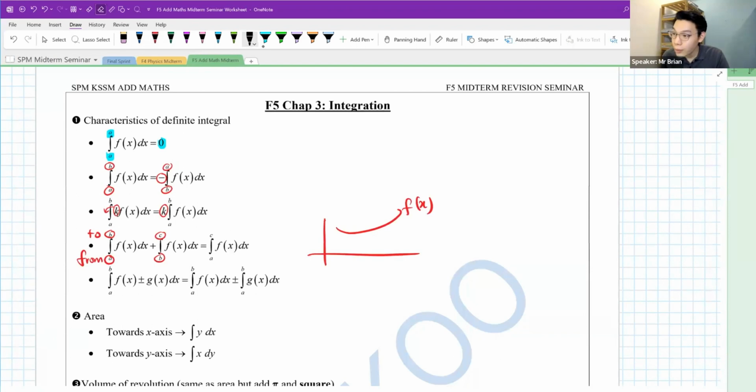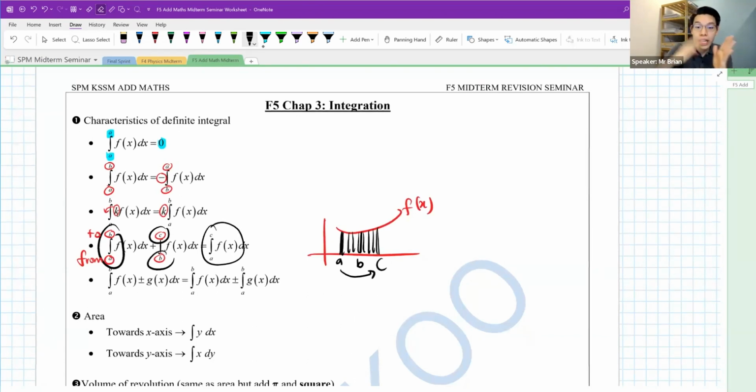If I integrate from point a to point b, and then point b to point c, this is the area I'll get. It's the same thing as integrating a all the way to c.